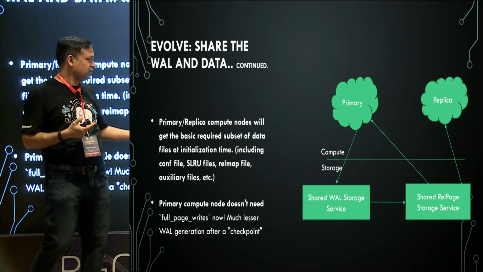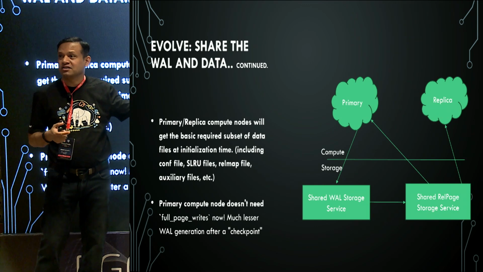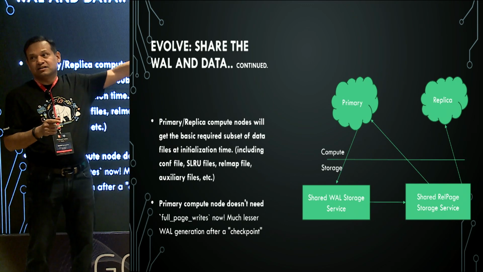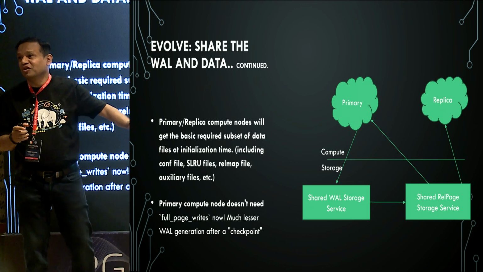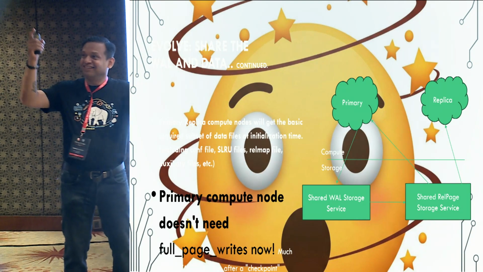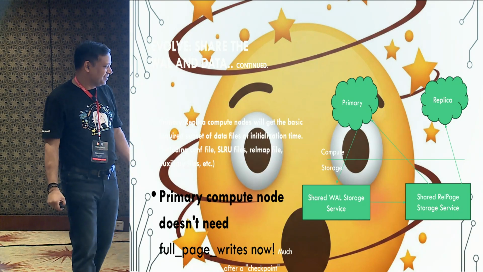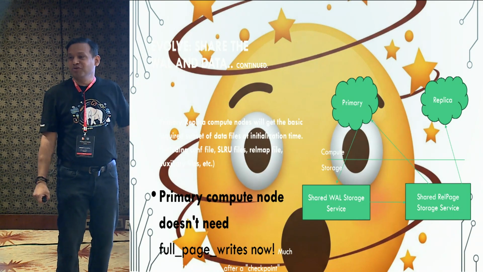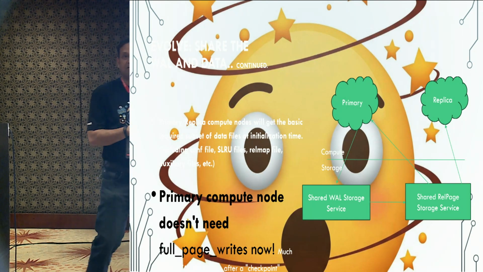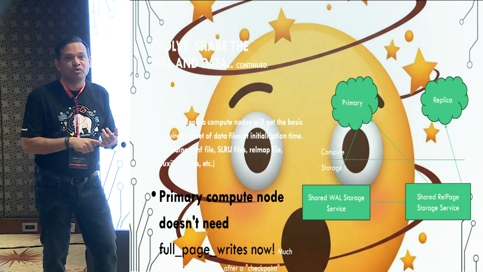But now here, if you have a dedicated WAL storage service and a dedicated shared page storage service, then the primary doesn't need to do full page writes. So we don't even need full page writes now in this architecture. This is another pain point that we have removed in terms of I/O.